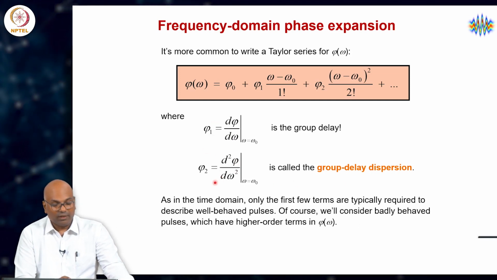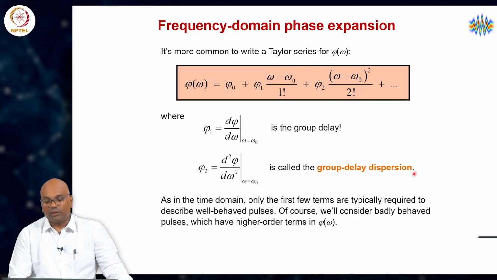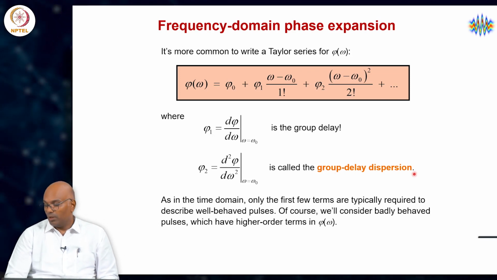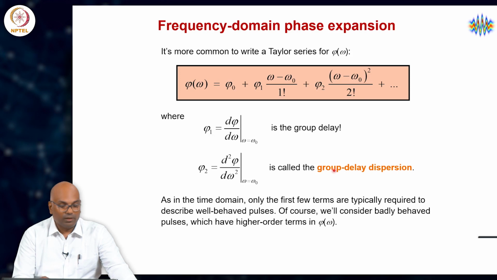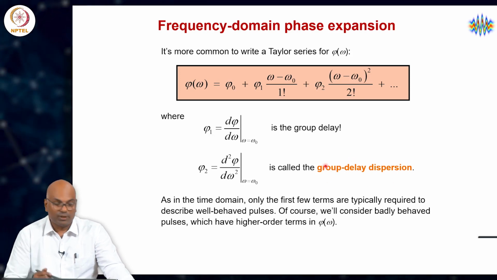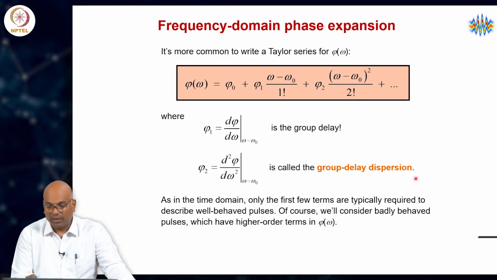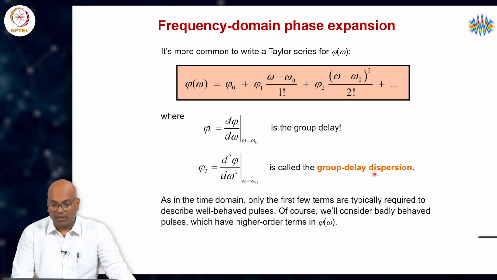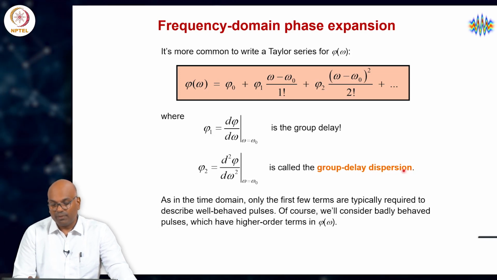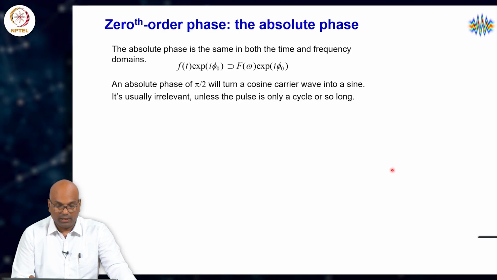So, phi 1 and phi 2 are important, and of course, we have red lettered group delay dispersion because this is going to appear again and again in this course, and will indeed stay with us all throughout as something that happens during the propagation of a pulse through dispersive media, or even media with some amount of optical nonlinearity in them.